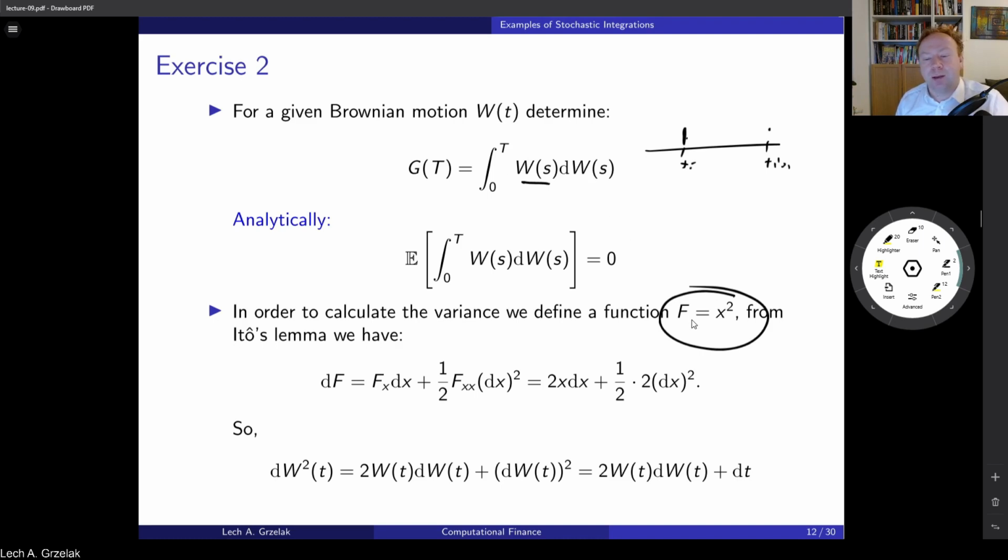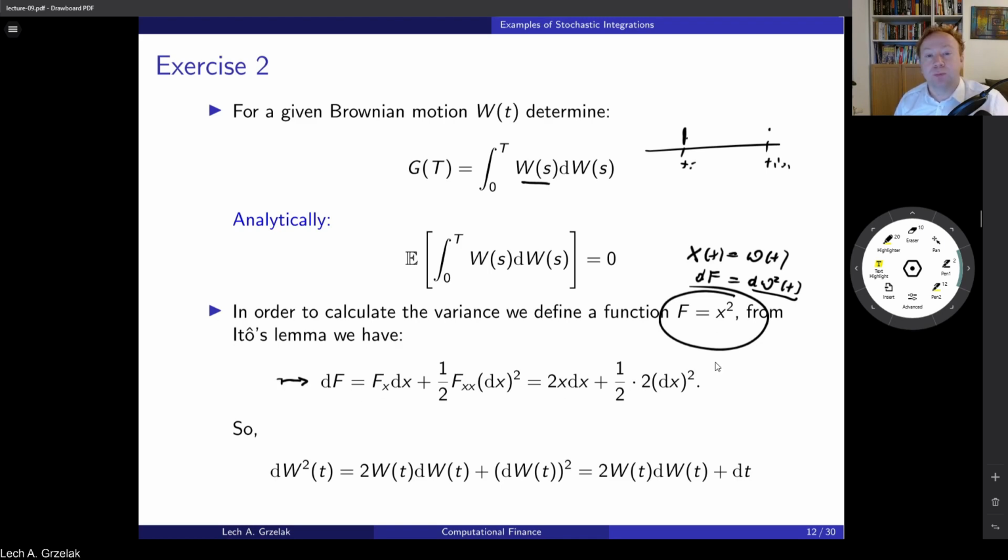So if we apply Ito's lemma to x, actually our x process is considered to be Brownian motion. And now we want to find the dynamics of the function, which is equal to dW squared t. This is our objective. So by applying Ito's lemma, this is our result. I'm not going through the details.